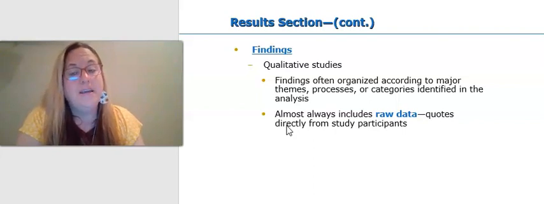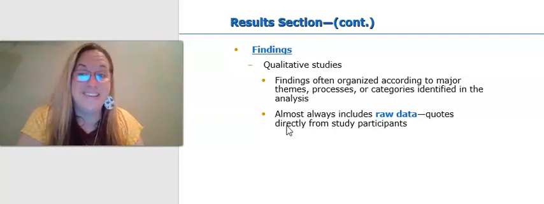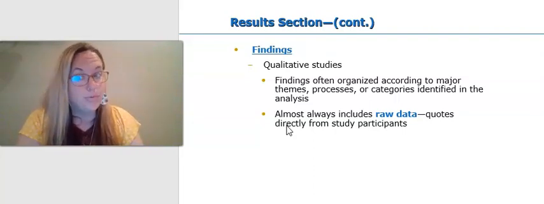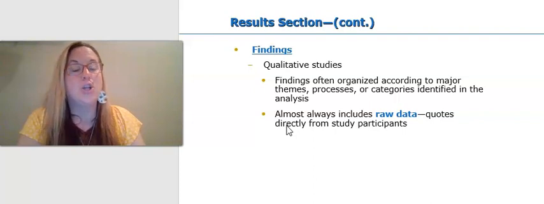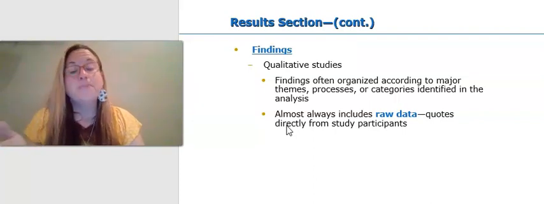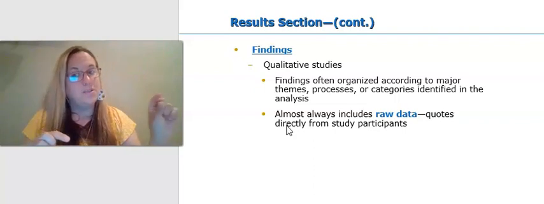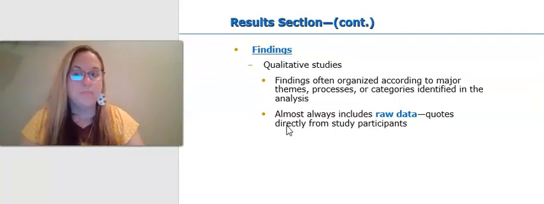For qualitative studies, though, you won't find data tables full of statistics. You still may find tables. Often there are tables that include the core study findings, which are themes, and sometimes you'll see them broken down into sub-themes. And then there may be exemplar quotes that go along with those themes and sub-themes.